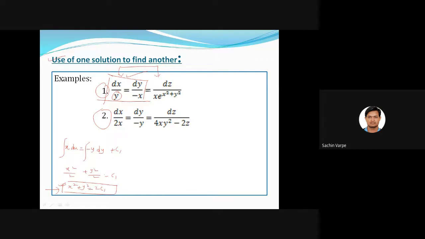So what we do, if I equate the second and third, what I'll get? That will be dy by minus x is equal to dz by x into e to the power x square plus y square.